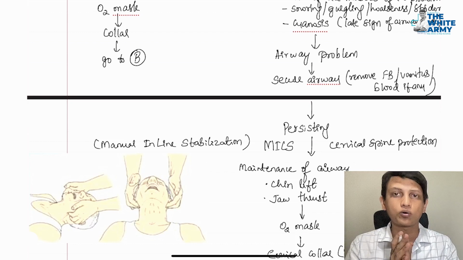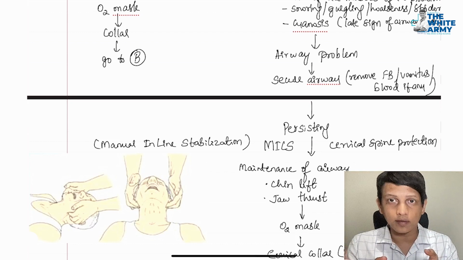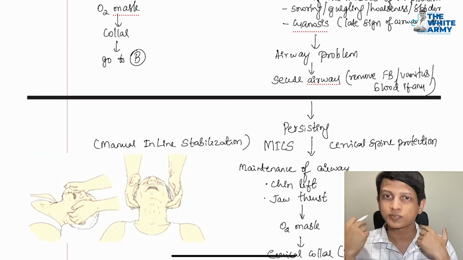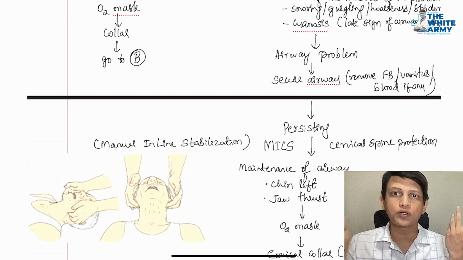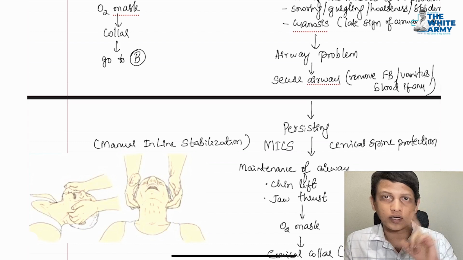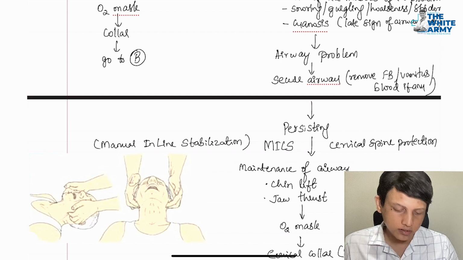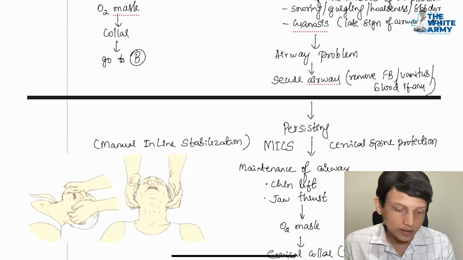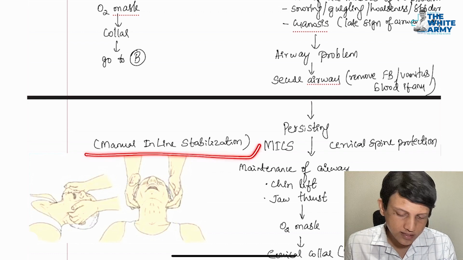Before managing the airway, you have to protect the spine, or else spinal movement like this may go into spinal shock. You may lose the patient if you clear the airway. So you have to protect the cervical spine by the method called MILS, manual inline stabilization.